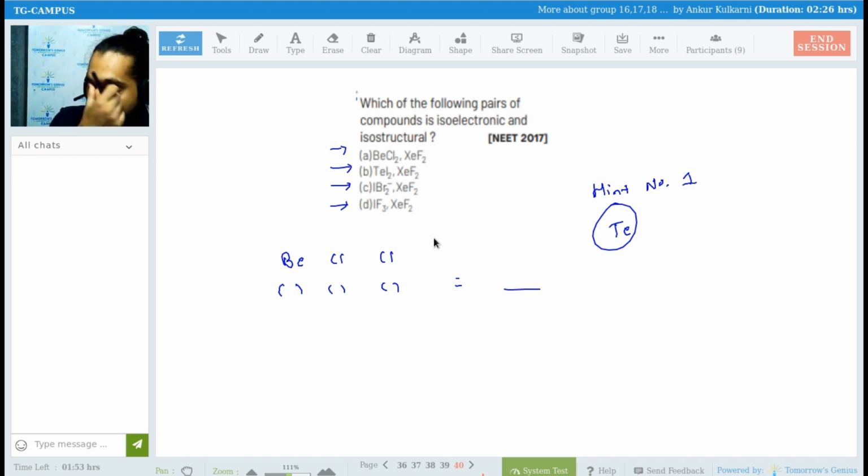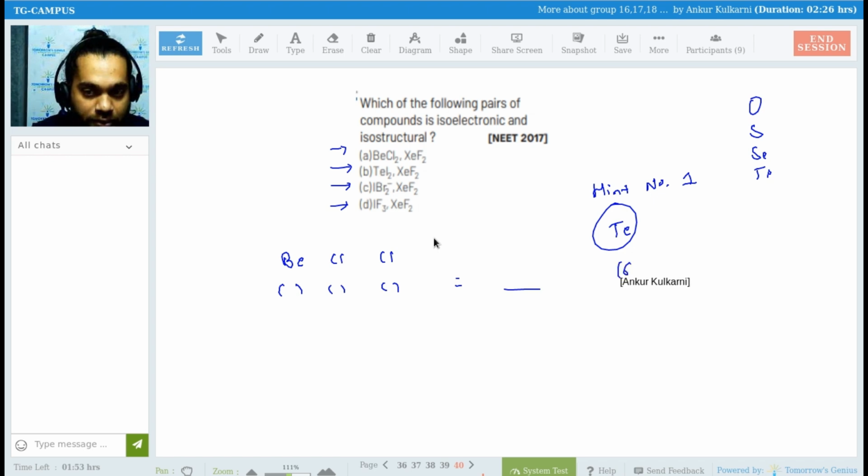Which group does Te belong to? Tellurium: oxygen, sulfur, selenium, tellurium. So the valence electrons for this is 6. For tellurium, the valence electron count is 6. That is hint number 1.